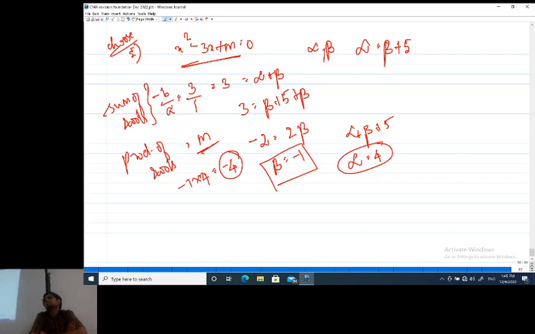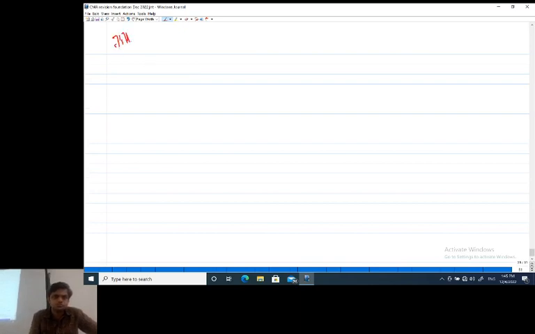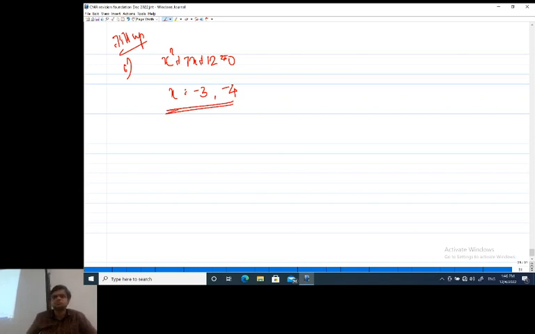Next. If the equation x squared plus 7x plus 12, okay, what are its roots first? x equal to minus 3, minus 4 will come if you solve.